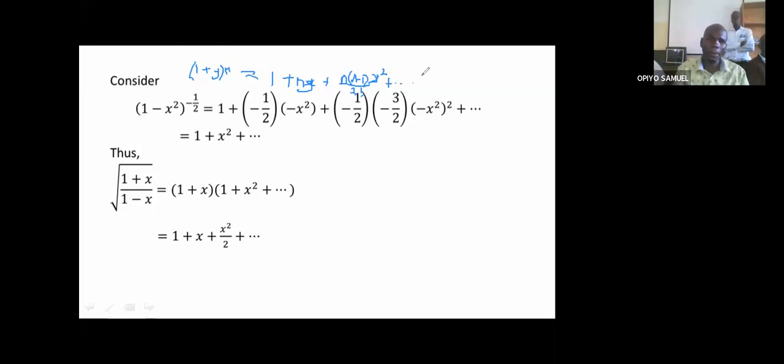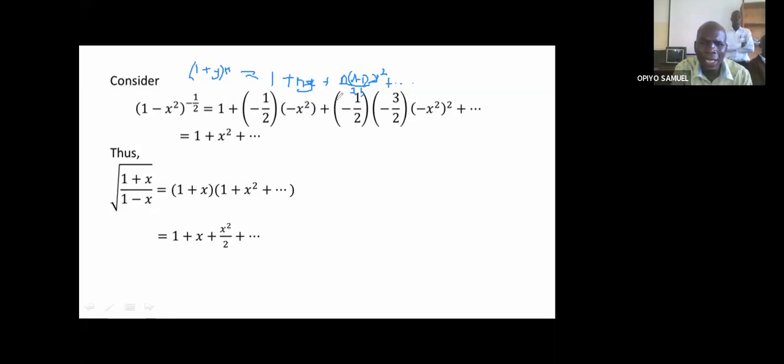So from here, our y is negative x squared. So when we substitute in this expression, we shall get the first term being 1. Then the second term will be n, our n is negative half, and our y is negative x squared.